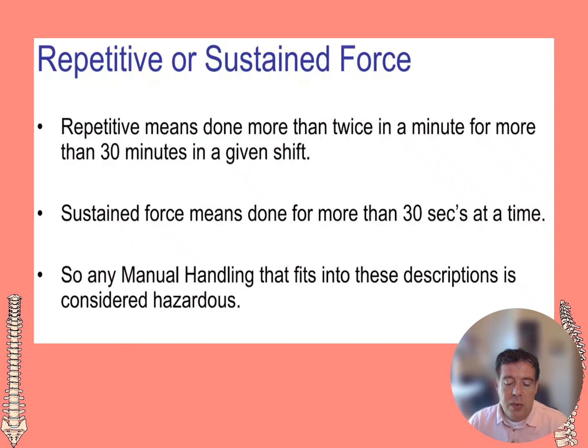And then we've got infrequent and those types of things. Sustained force means we're holding it more than 30 seconds at a time. These are just ergonomic definitions that they put into place, so we're all using the same terms. Sustained, meaning we're holding it more than 10 seconds. If it's repetitive, it's more than 2 times in a minute.